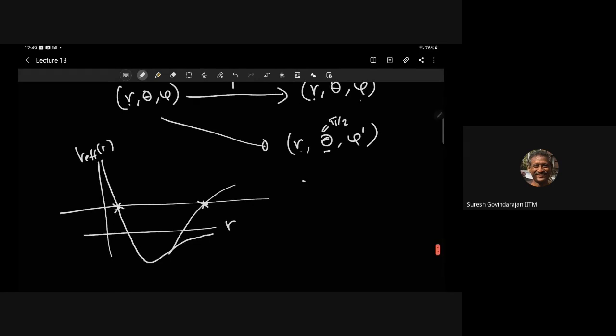So generically, closed orbits don't happen. Of course, you could always create a circular orbit where everything is fine-tuned, but that's very, very special.